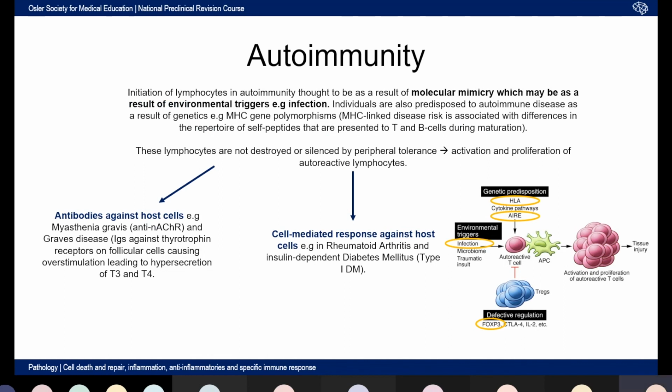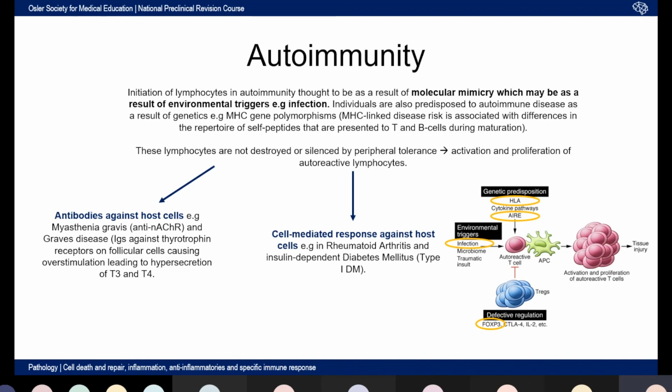It's still not very well understood how autoimmunity occurs. One theory, if you look on the diagram, actually explains it very well. An autoimmune cell is a product of genetic predisposition, so changes such that it's much more likely to respond to self-antigens.